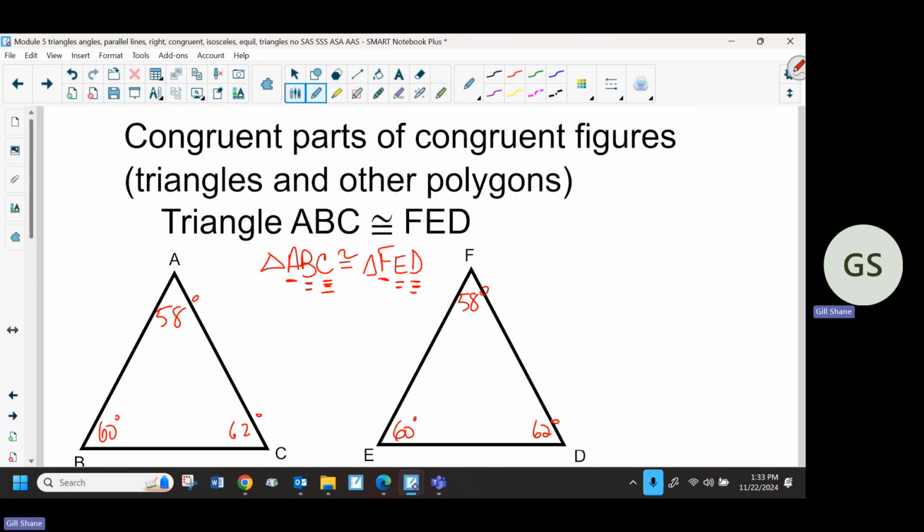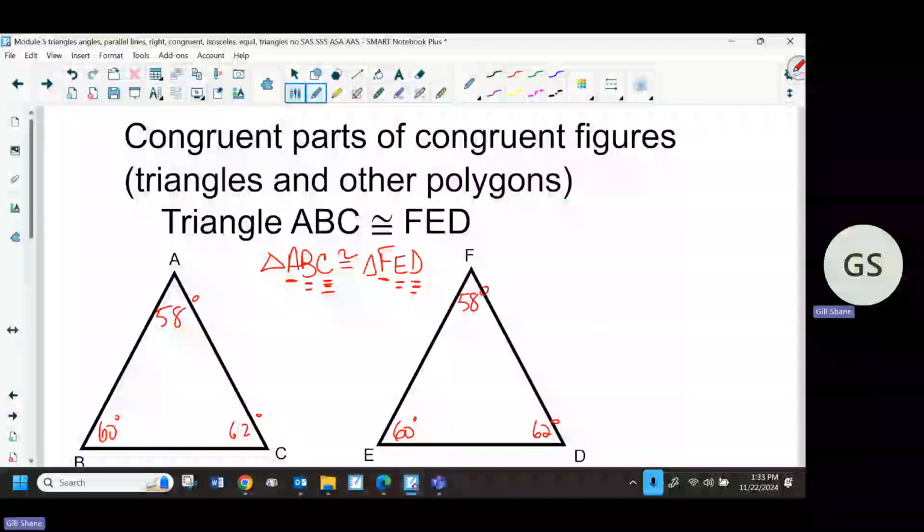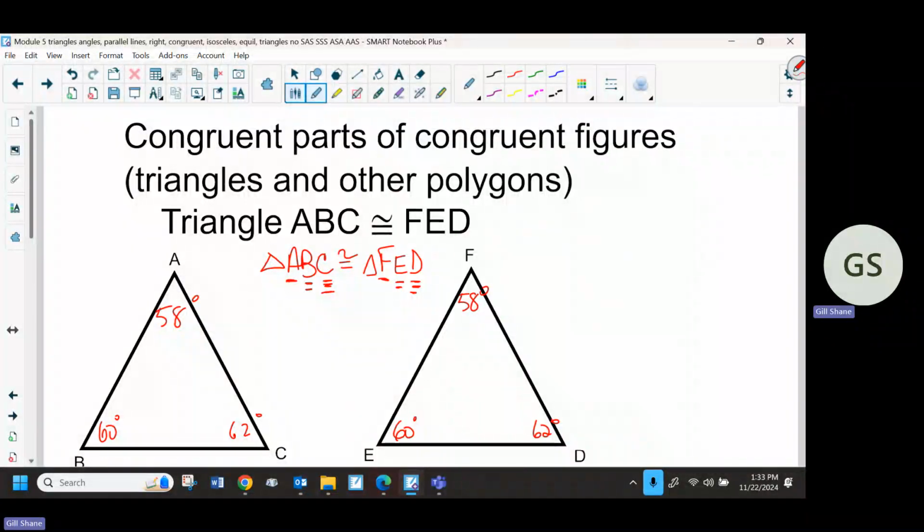That will always be true. So if I flip it, turn it, whatever, no matter how I flip it, D is always going to be 62, so it'll always match up with C. E is always 60, so it will always match up with B. No matter where it looks like it is, the name of the angle will always correspond to the other part of the other triangle. So you have to use the name.